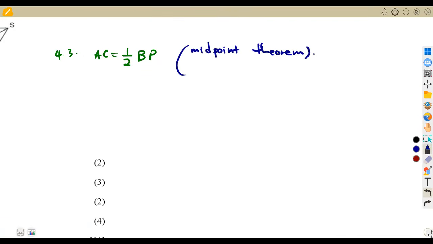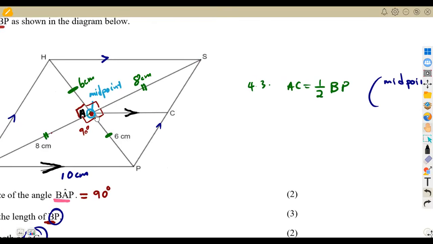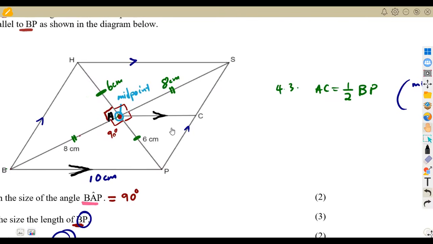From the concept that we saw, what we know about this line AC is that the point A is our midpoint. Remember, I said these diagonals do bisect each other at right angles. So the point A, we said, is the midpoint.